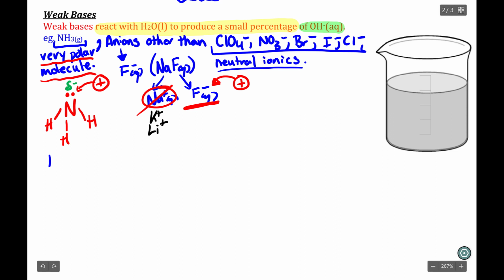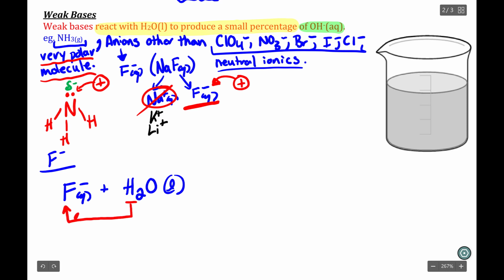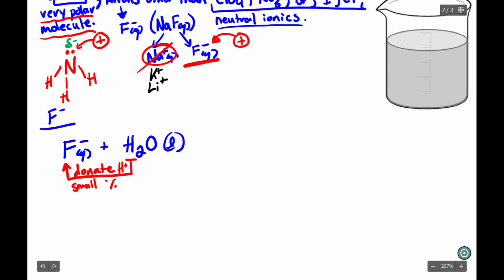So let's start with the F minus here. What would happen is F minus would be in water, and the water would donate a proton to the F minus, a small percentage. So it would donate a hydrogen a small percentage, not all of the time. And because of this, this is also in equilibrium.